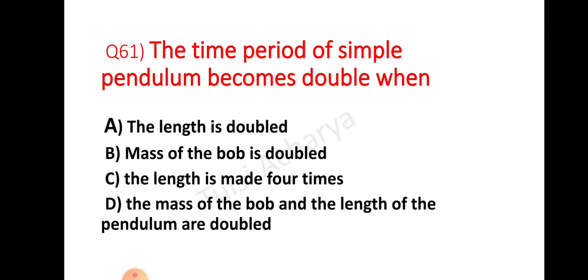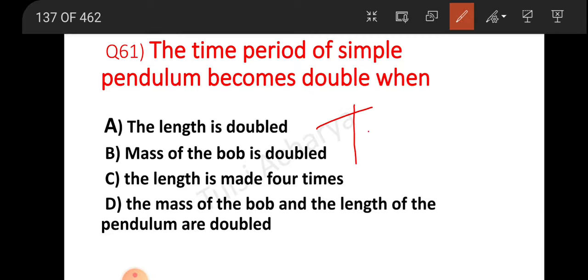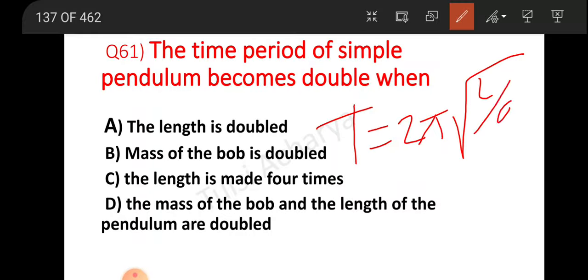Now let's move to question number 61. The time period of simple pendulum becomes doubled when. We know that time period of simple pendulum only depends on L by g. So if you see our choices, option choice B is wrong because T does not depend on mass, and the mass of the bob, option choice D, is also wrong. Now let's see option choice A and C. This L is inside the root.